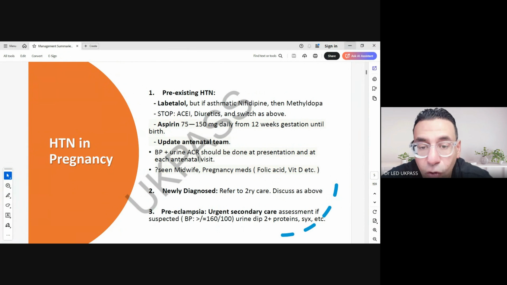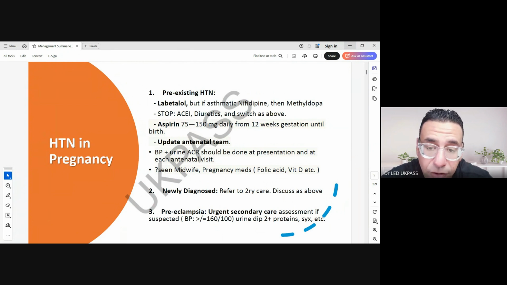And what is another cut-off to refer patients into secondary care? If their blood pressure is equal to or above 160 over 100. Any pregnant patient with blood pressure of 160 over 100, hospital, major risk of preeclampsia.